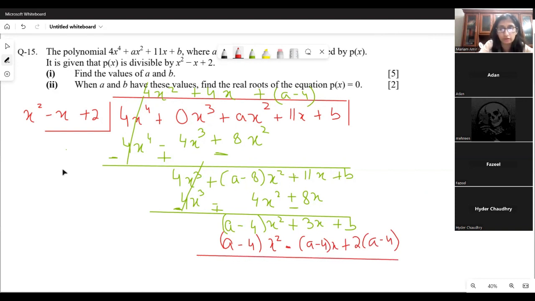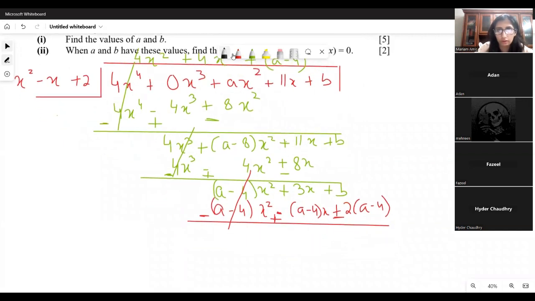Change the signs. Minus plus minus. This cancels out. Very carefully, let's see what the coefficient of x is. Coefficient of x would be 3 plus a minus 4. That's going to be 3 minus... sorry, a minus 1. 3 minus 4 is minus 1.